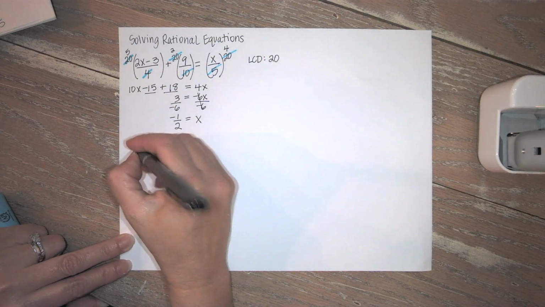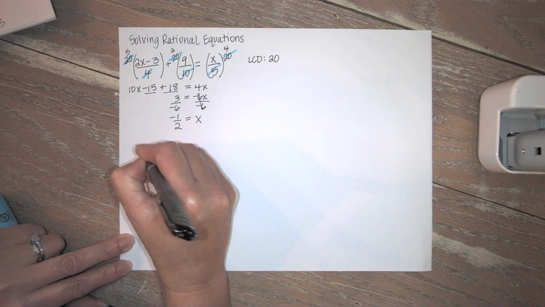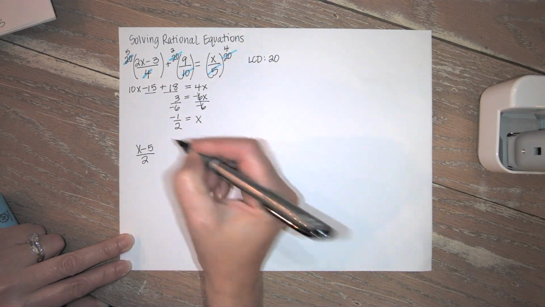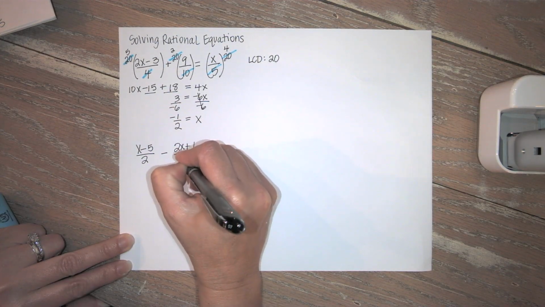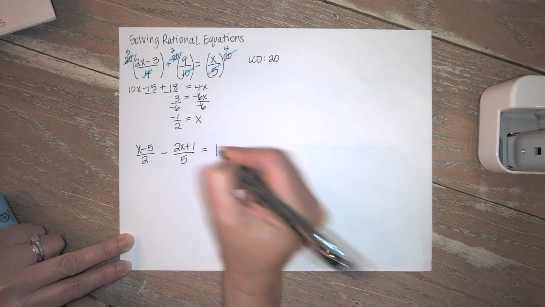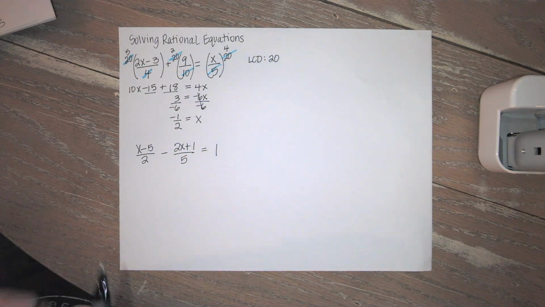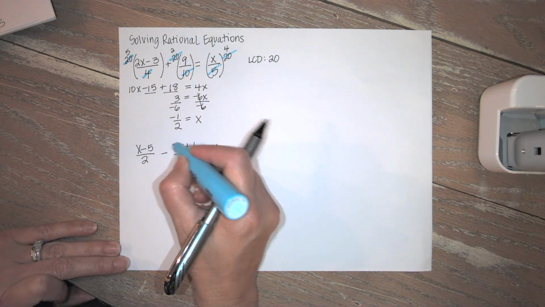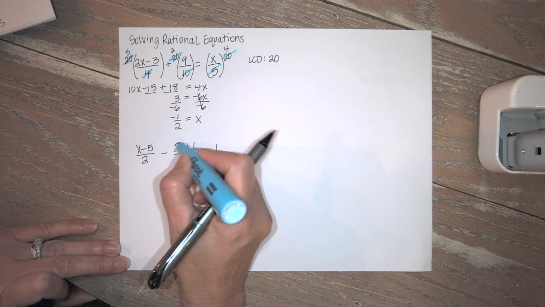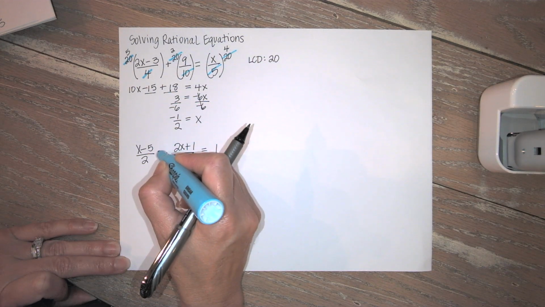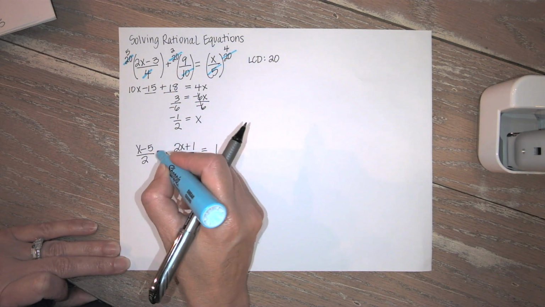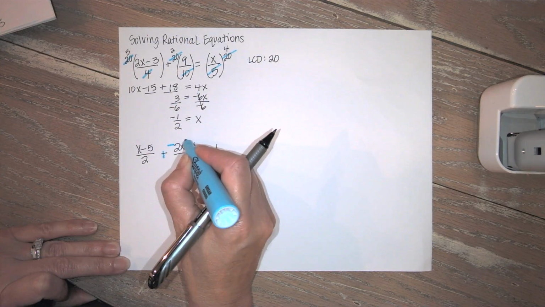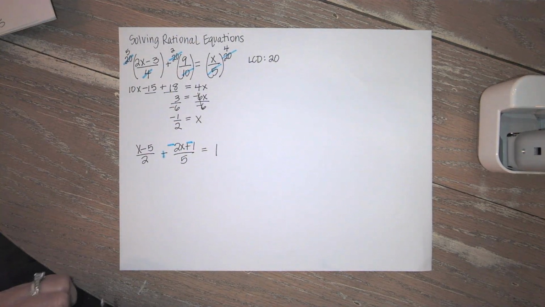Alright, the next one we're going to look at is x minus 5 over 2 minus 2x plus 1 over 5 equals 1. I see here that I have a subtraction sign, and I'm always worried about forgetting to distribute that subtraction sign through this numerator, so I'm going to go ahead and do that and change those signs.